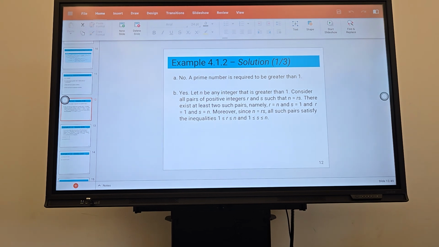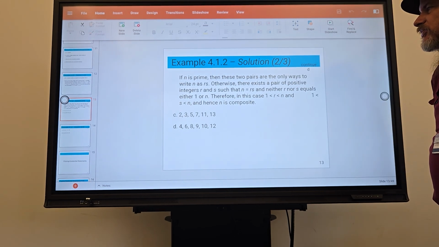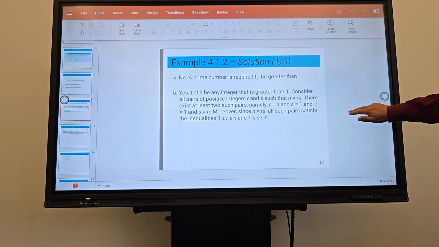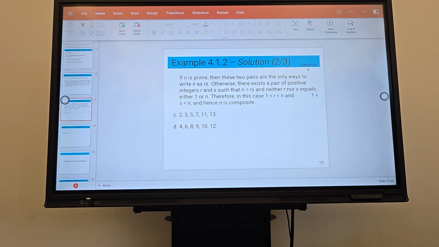But yeah, no, a prime number is required to be greater than 1. The explanation for B is kind of longer. But yeah, 2, 3, 5, 7, 11, and 13 are prime. 4, 6, 8, 9, 10, 12 are composite.